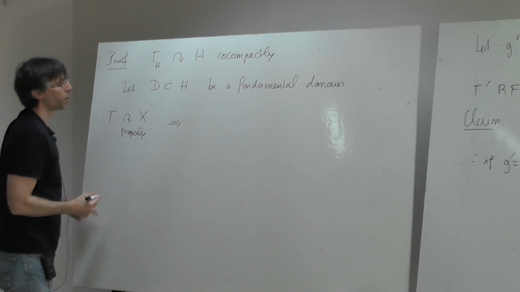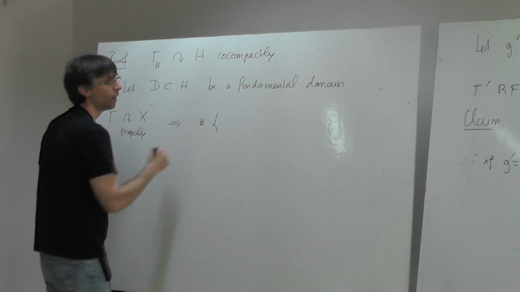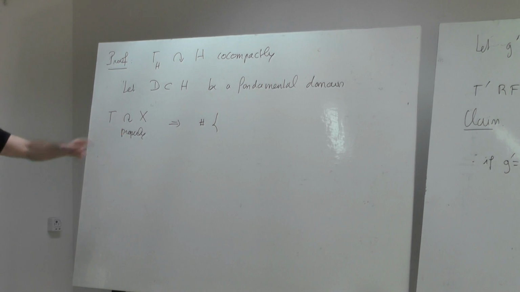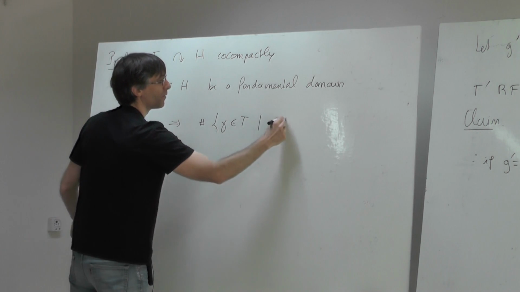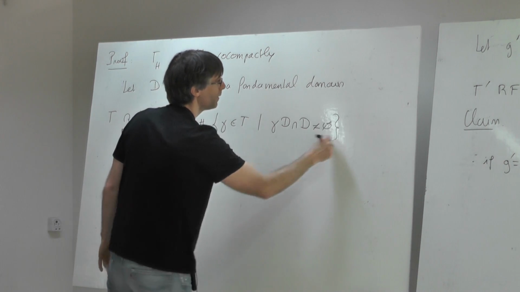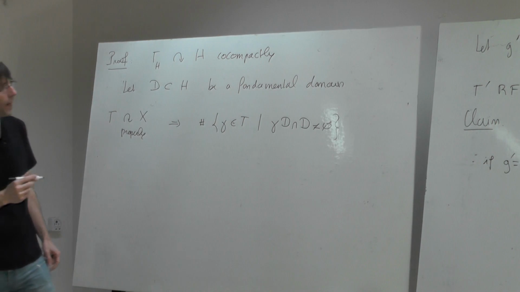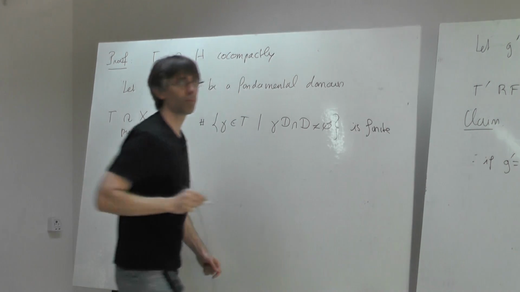The fact that it acts properly implies that the number of elements in gamma such that gamma of D intersects D non-trivially is finite. Okay?